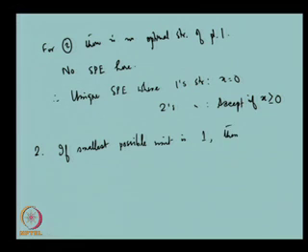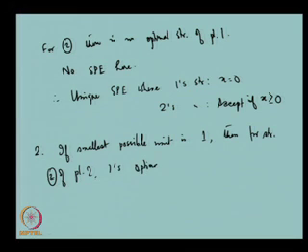Then for strategy 2 of player 2, player 1's optimal strategy is x equal to C minus 1.